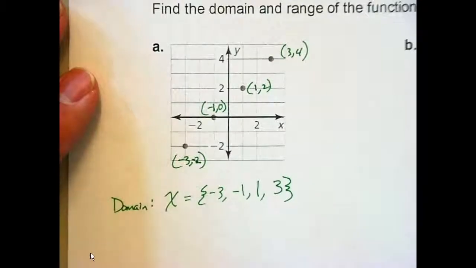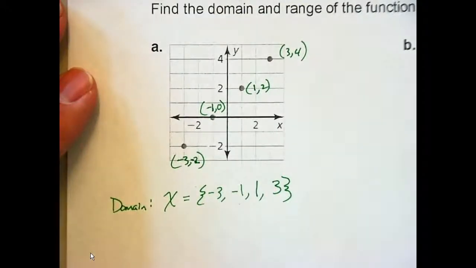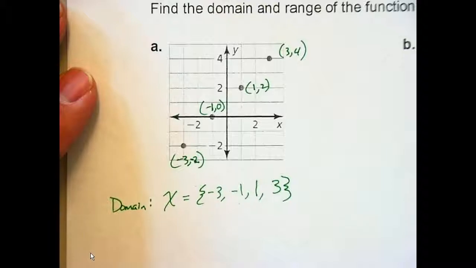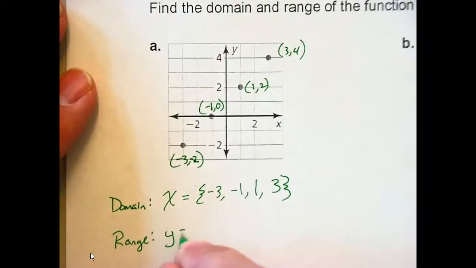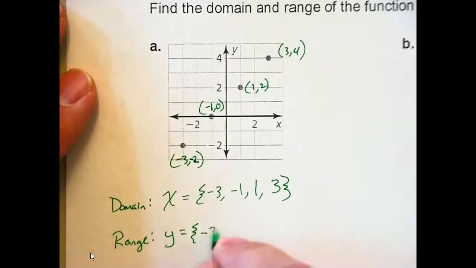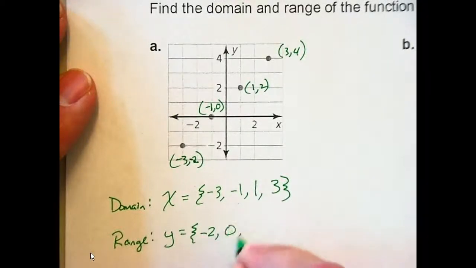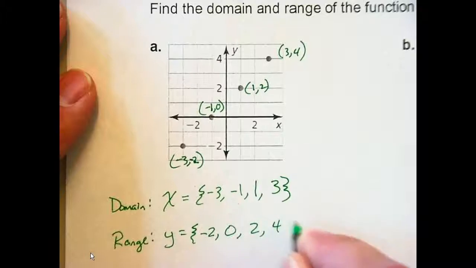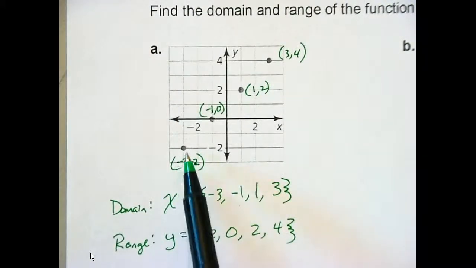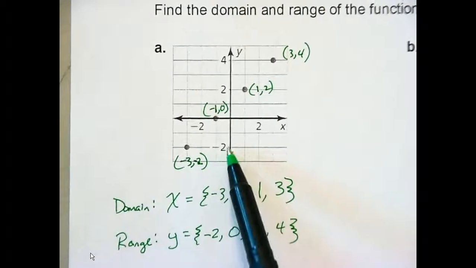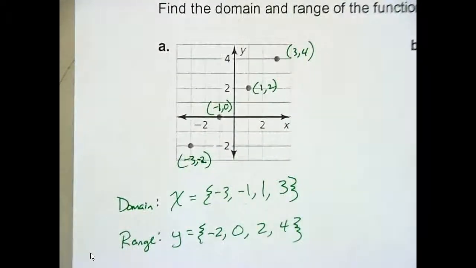It's only those, though, right? It doesn't include any other points there. What is my range? It'd be your -2. So, Jason, you said -2 to 4, right? But it can't be the things in between.